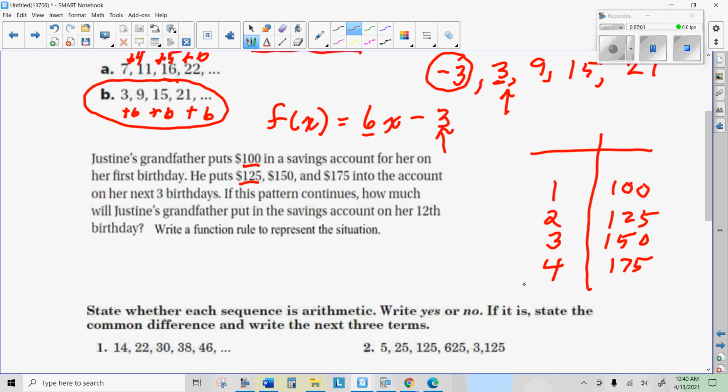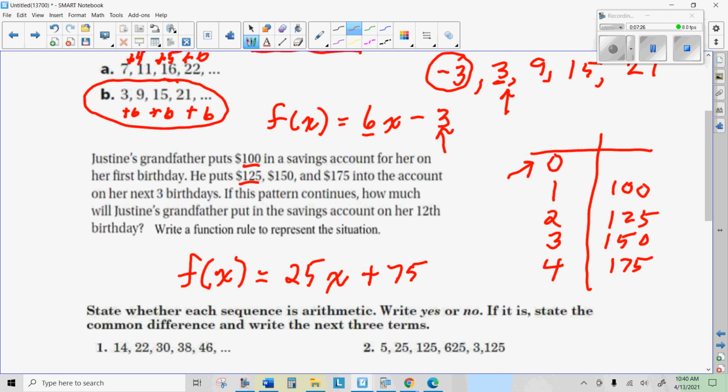And we want to write a function rule for this, a sequence rule. The number that we are going up by is 25, so that number goes in front of the x. Now, in order to figure out what we're going to add to that, you have to go back to the 0th term once again, and that will give us 75.